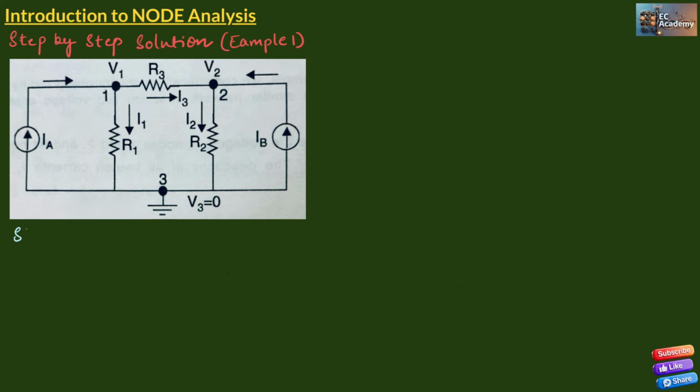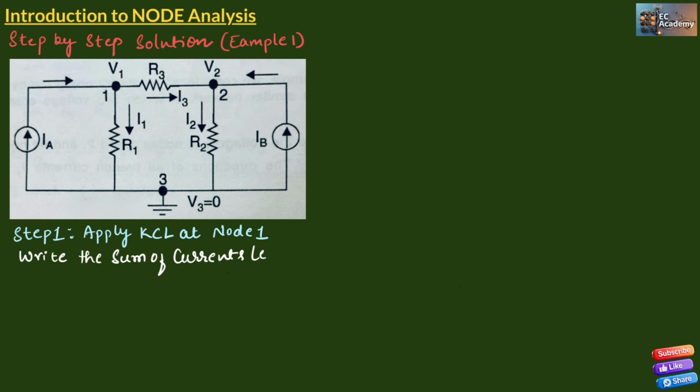Now in step 1, let us apply KCL at node 1. Let us write the sum of currents leaving node 1. We can write IA is equal to I1 plus I3. So we can write I1 plus I3 is equal to IA.